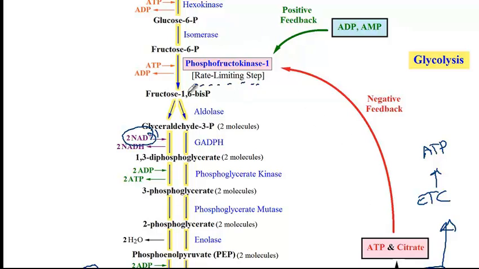So anything that controls the rate of this enzyme is basically controlling the rate of glycolysis. The allosteric molecules that have positive effects are ADP and AMP, and the allosteric molecules that have negative effects, meaning they would suppress this enzyme, are ATP and citrate. And you will see we will do many more examples of how different hormones or different allosteric molecules affect the rate-limiting enzymes.